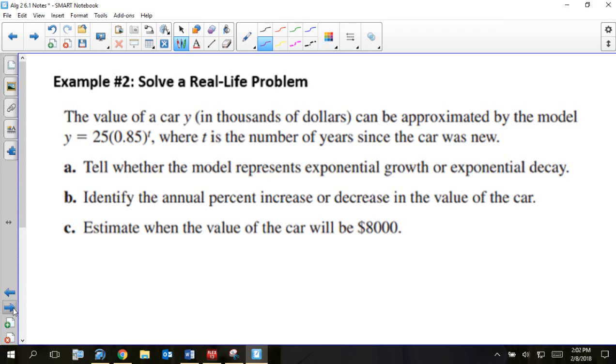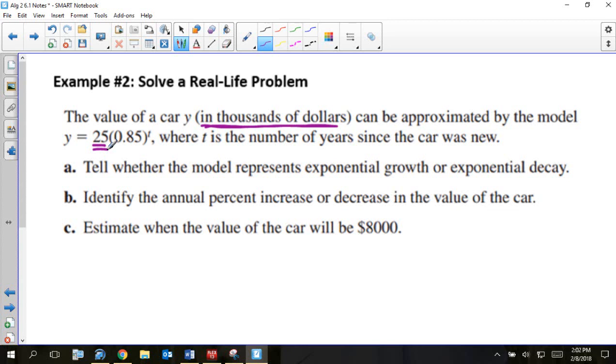So the car was worth 25,000, because up here it says in thousands of dollars. They wrote 25, but it really means 25,000. If you don't understand that, you're going to mess up later.